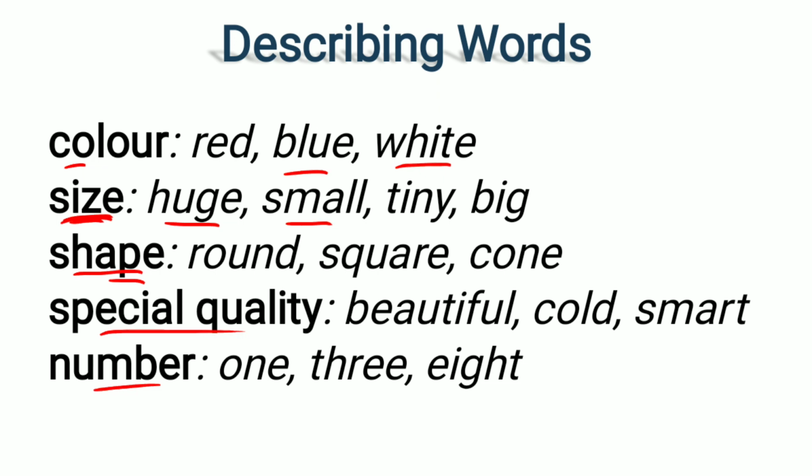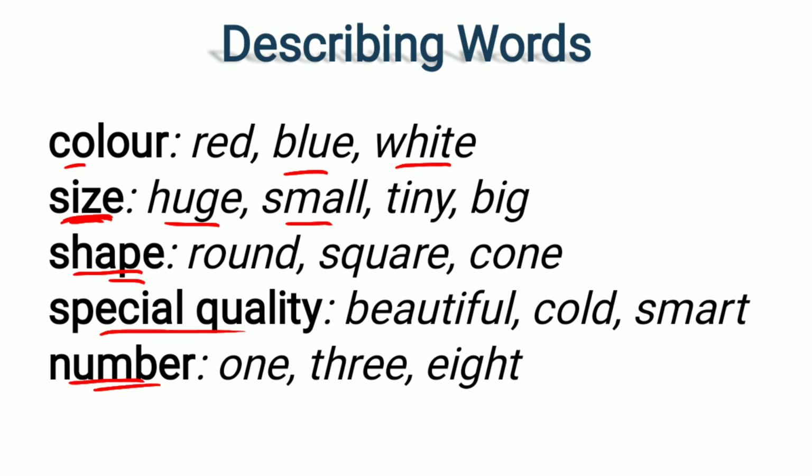And then the numbers. We can even use number to describe it, as we saw two books. So numbers can also be used to describe the naming words. So what are the words that we can use to describe the naming word?